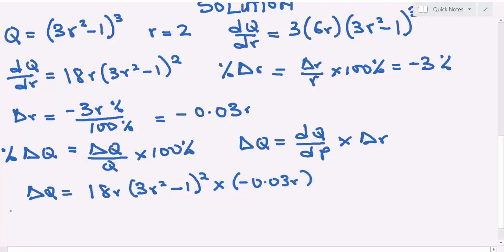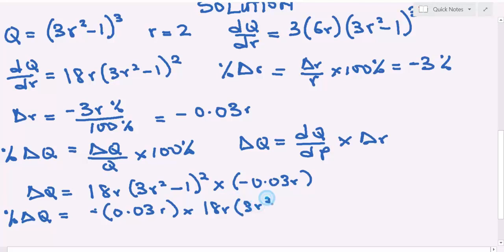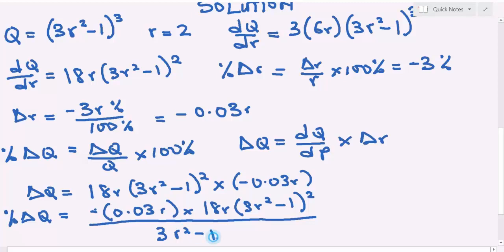So our approximate percentage change in Q will give us minus 0.03R times 18R into 3R squared minus 1 all squared all over our Q, it is 3R squared minus 1 all cubed times 100%.